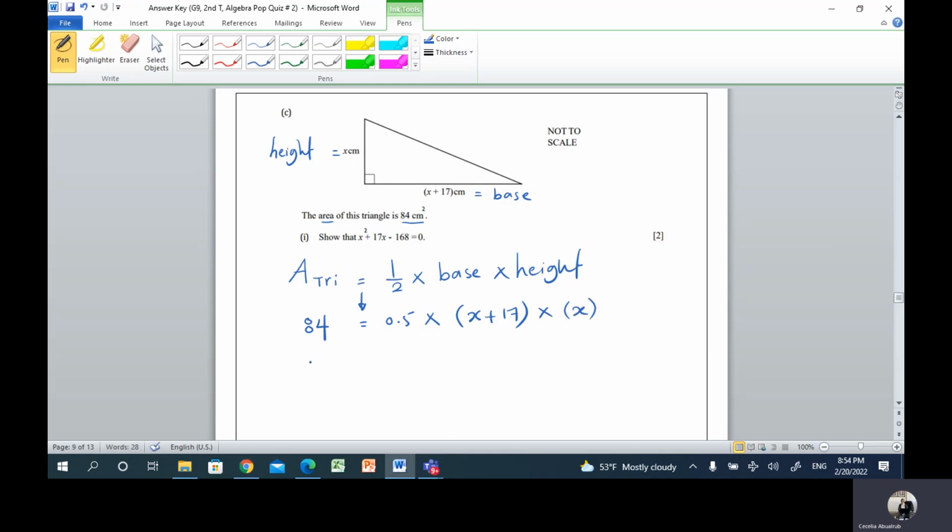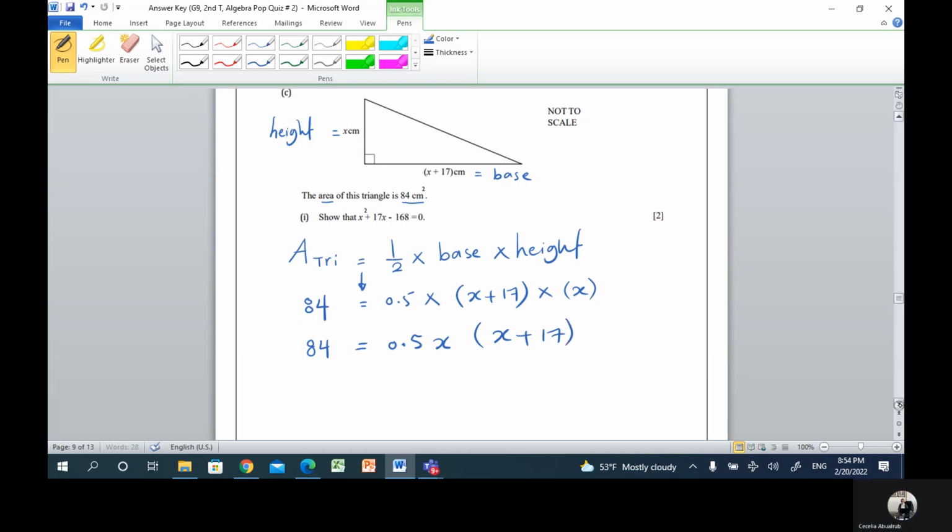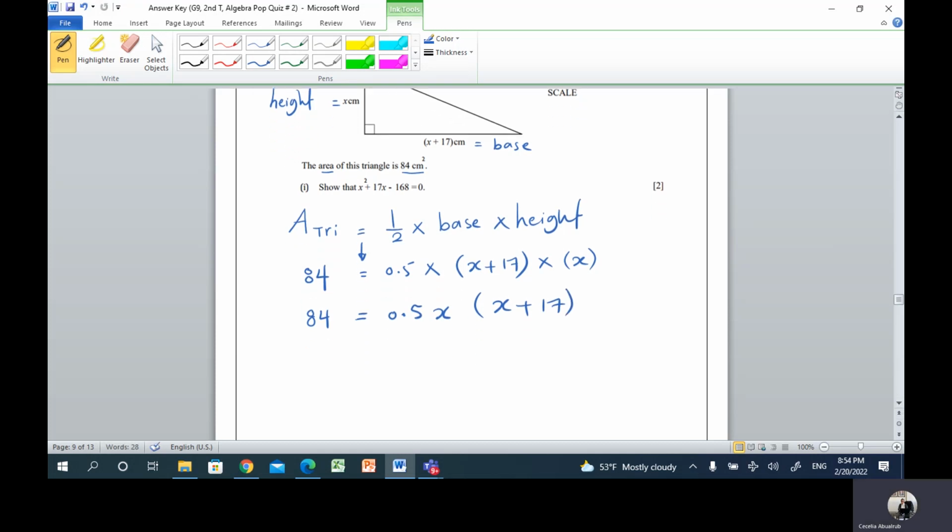So let's reorganize it here. So 84 is basically 0.5x times x plus 17. Let's expand.